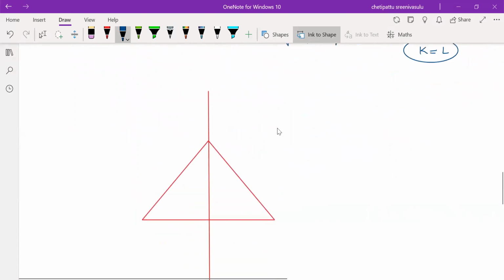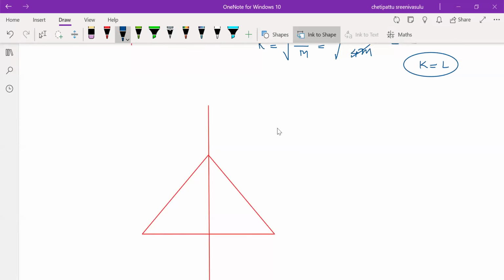Next, come to this case. Let us take this as the axis of rotation. The triangle is rotating about this axis of rotation. Now 3 masses are located at the corners of a triangle, and the side length is assumed as L. This is L, and this distance is L by 2. What is the moment of inertia?